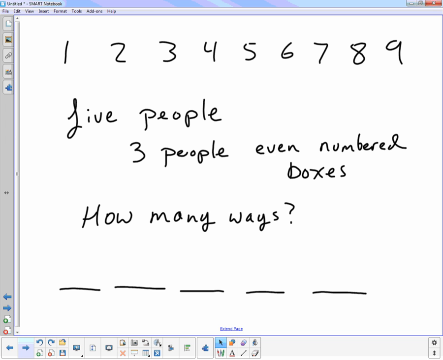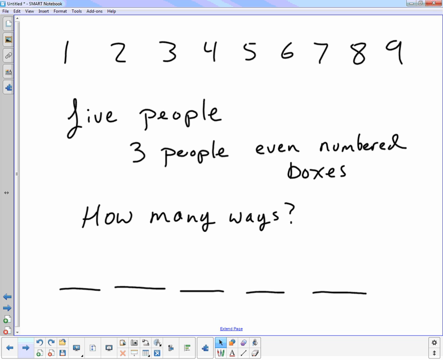I think for 3 people to get, can't the other 2 then take an even number as well? Well, how many even numbers are going to be left? No, it's 1. Oh, sorry, I was saying, is it 30? Oh, I'd have to crunch it. So, you have 3 people choosing the even boxes, and then with the spaces, can those people... They can pick anything they like, whatever's left.